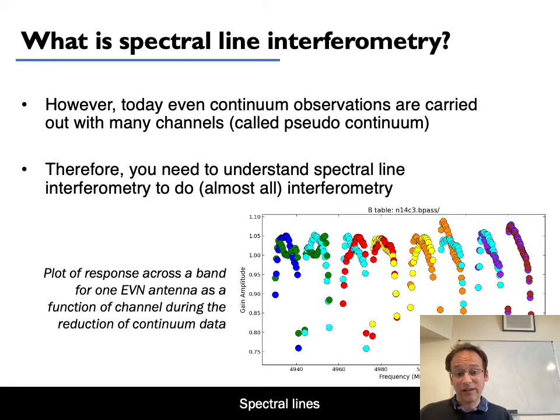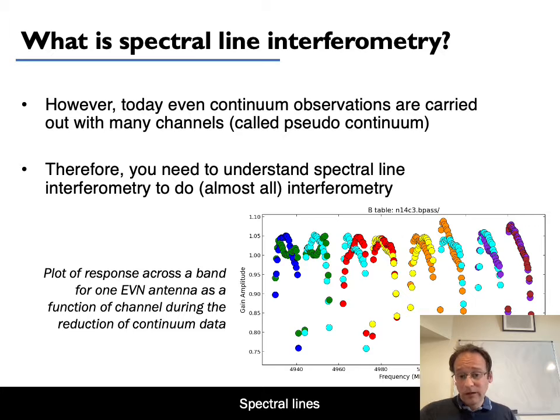This not only affects producing continuum images, but also you may want to actually understand how the continuum source behaves as a function of frequency. So even though this matters mostly to people who care about spectral line science, for those of us who observe continuum sources, this is also a consideration.